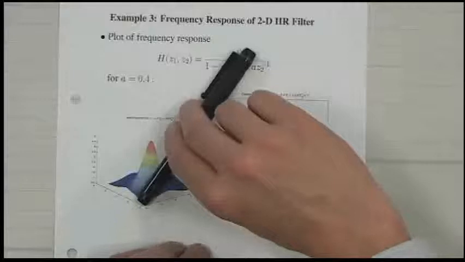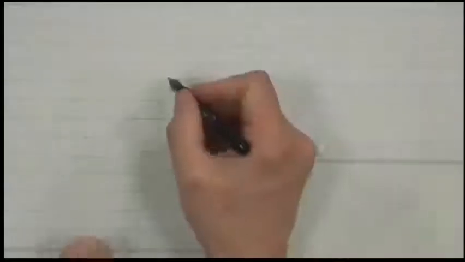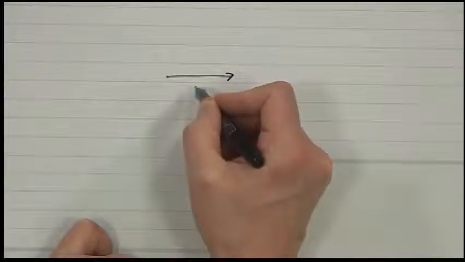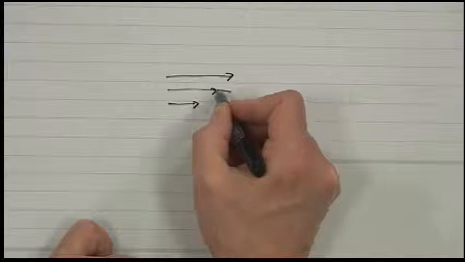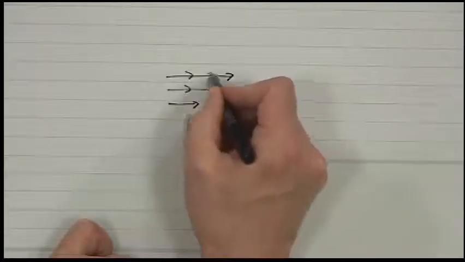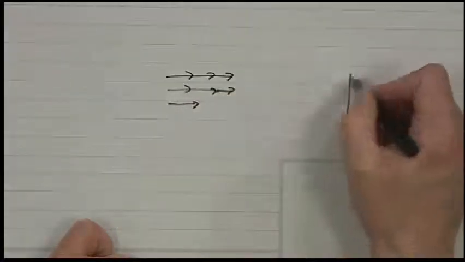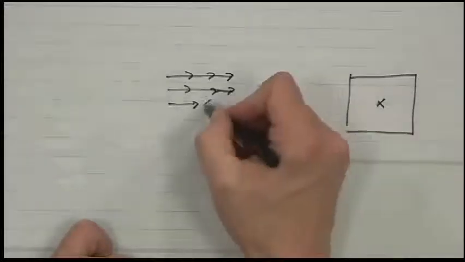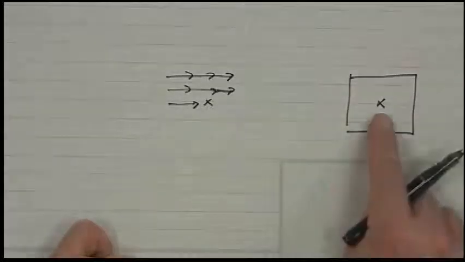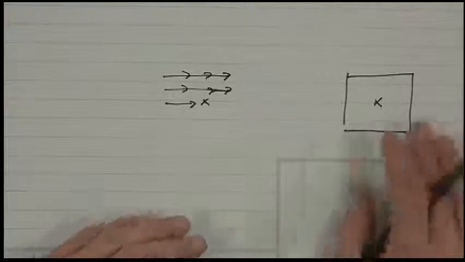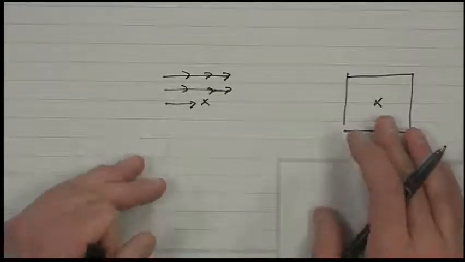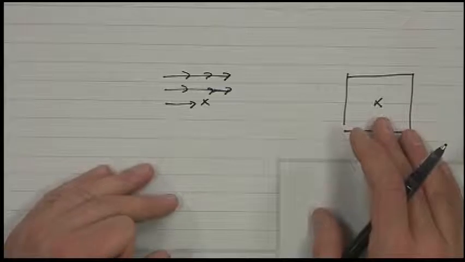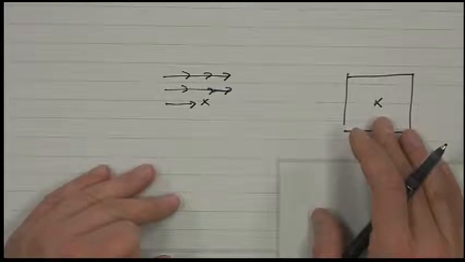Anyway, the take-home message is an engineering message. If you have an FIR filter, you use all the pixels around the point. The advantage of an FIR filter is that it's isotropic and simple to implement, at least in concept.